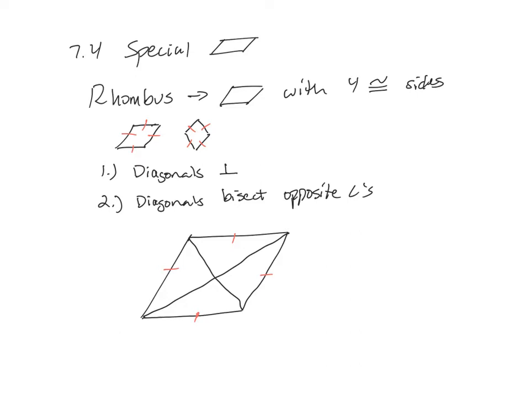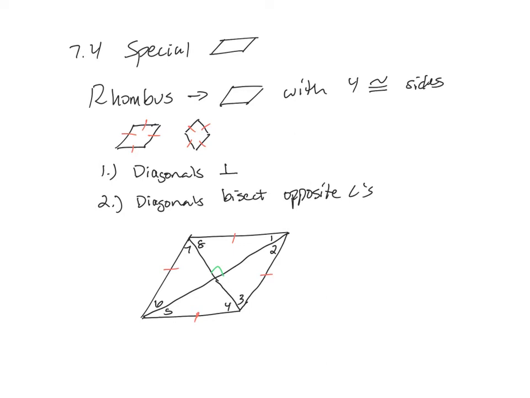So first thing, it's perpendicular there. All right, so we have 1, 2, 3, 4, 5, 6, 7, 8 angles created. Okay, so diagonals bisect opposite angles.